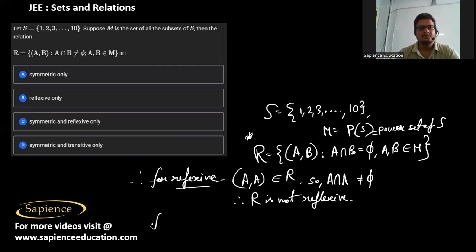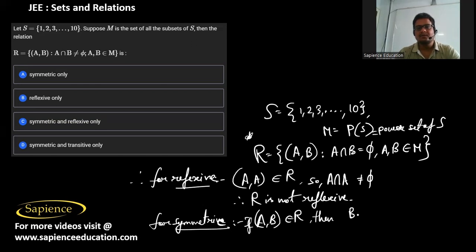And for symmetric, we should have that if A comma B belongs to the relation R, then B comma A also should belong to the relation R. Then only I will tell R is symmetric.